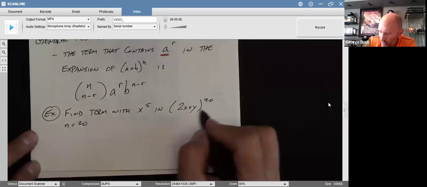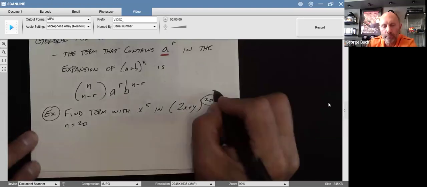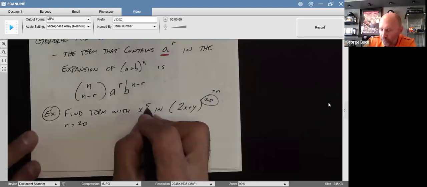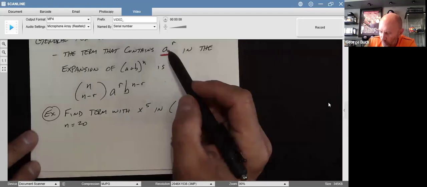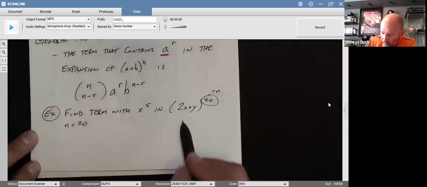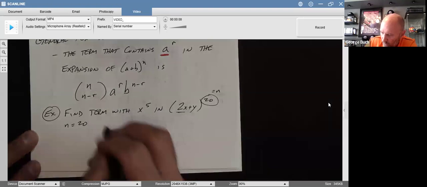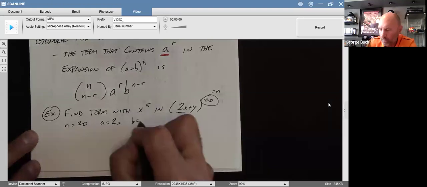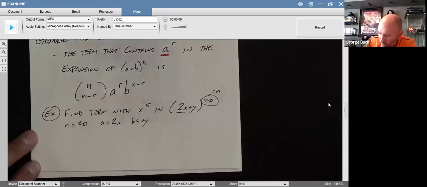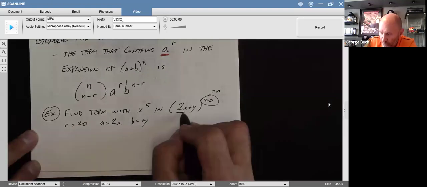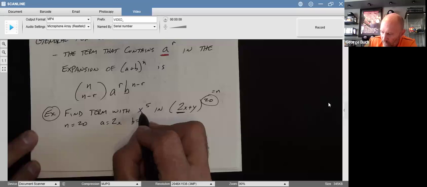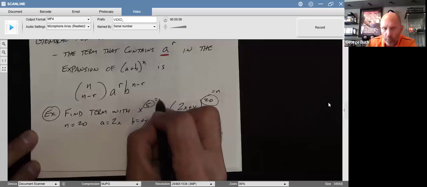That's this guy here. What's my r? Well, we know that this formula is based on the a term, which is 2x. So I guess I could write that if I want. a is equal to 2x and b is equal to plus y. And so my r is based off of this first term, the x. And because I want x to the 5th, that means that r is equal to 5.